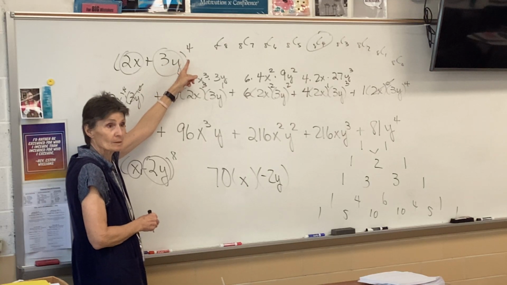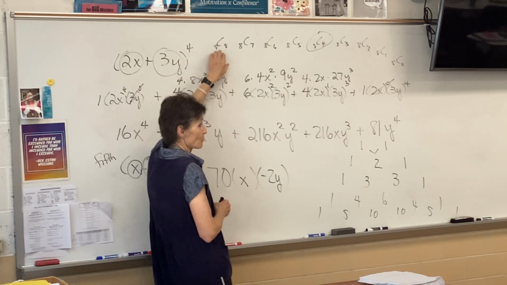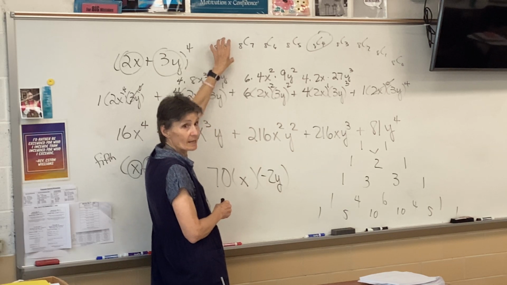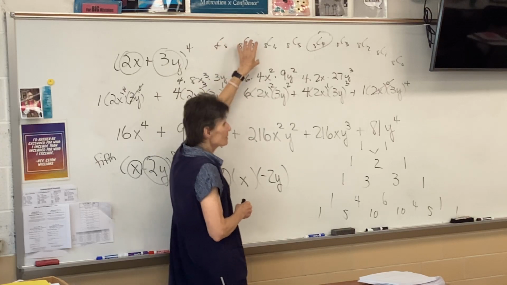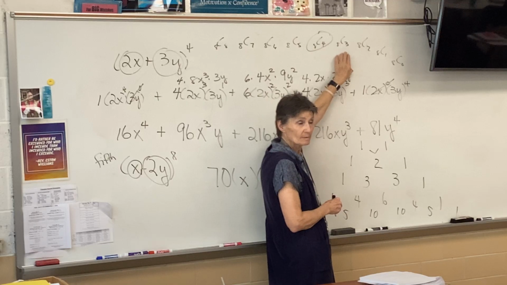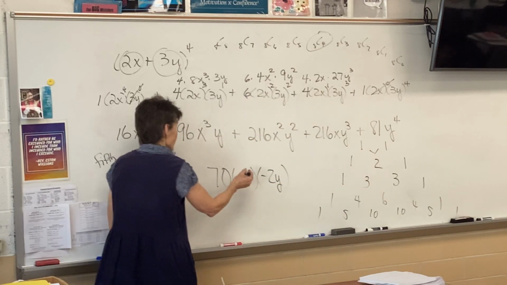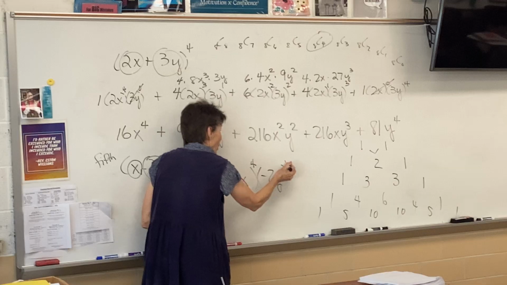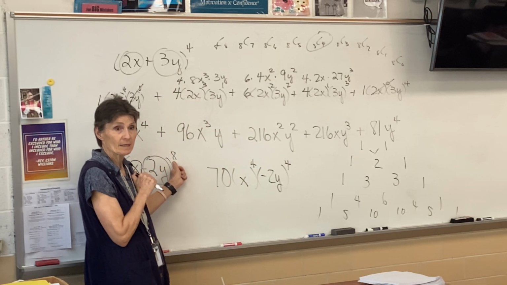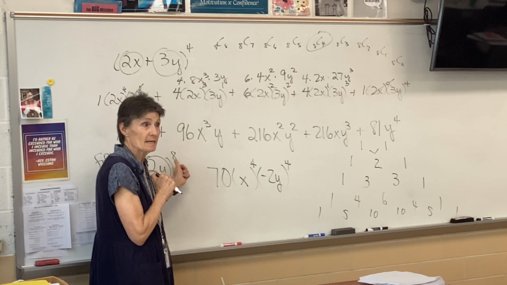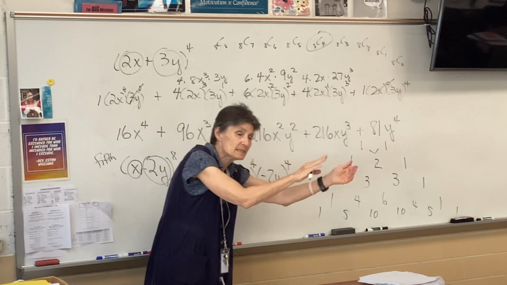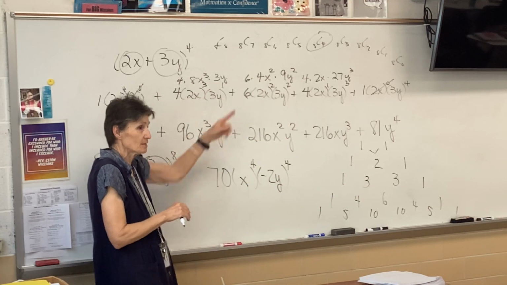So on my X, this would be X to the 8th. Then 7th, 6, 5, 4. Won't this be X to the 4th? And if it's X to the 4th, then this guy's also going to be a 4, because they have to add up to 8. Again, there's no trickiness here. You are simply counting down, just like you do when you build this one.